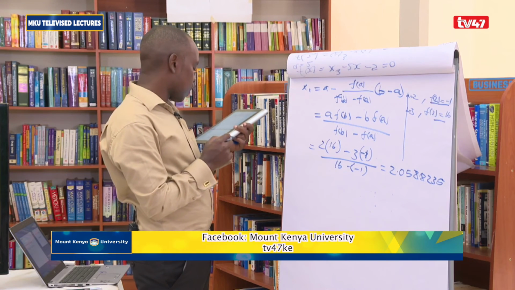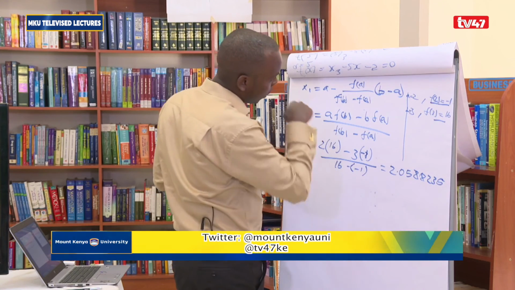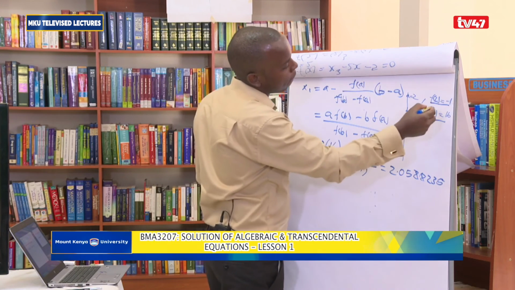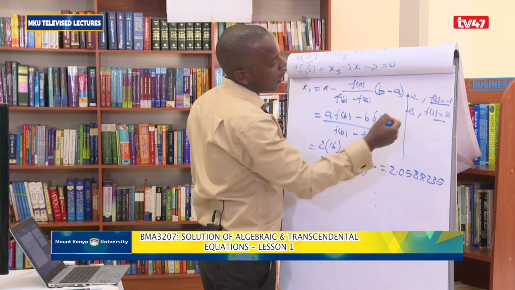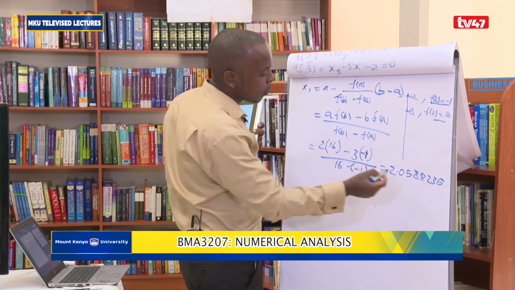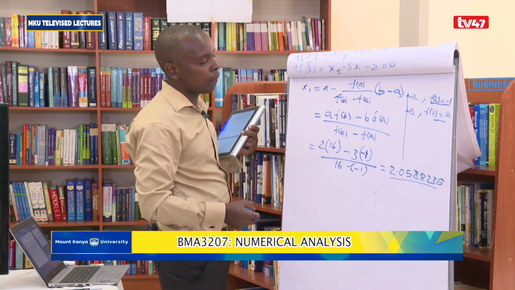So this is our new approximation. To know what to replace as we converge to the root, we are supposed to look for f of 2.0588.